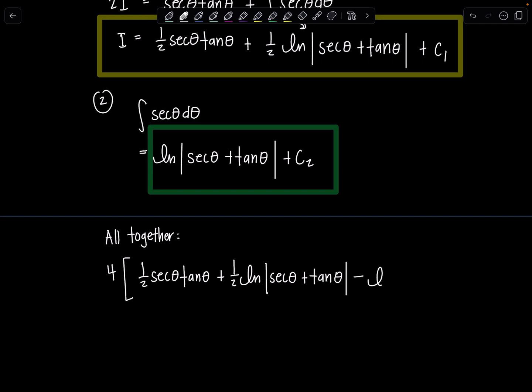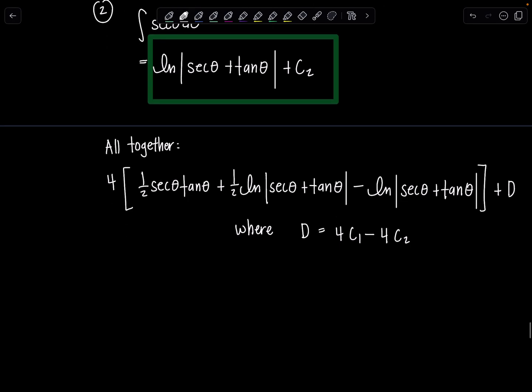So it's minus natural log absolute value secant theta plus tan theta. And then I'm going to put plus D. I'm still not ready to use C, you guys. There's still some work to do. And let's tell the people who this constant D is. So D is 4 times C1 minus 4 times C2.